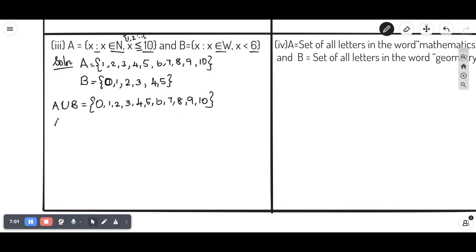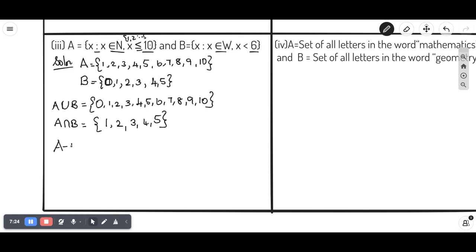Now, A intersection B means only the elements that are present in both A and B. So that will be 1, 2, 3, 4 and 5. So let me write all the 5 elements: 1, 2, 3, 4 and 5. So this is done.